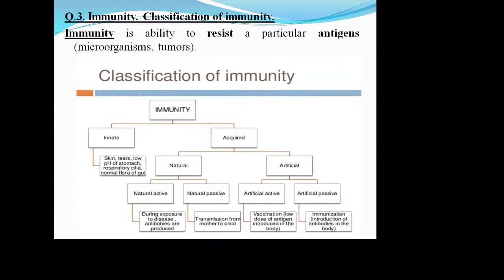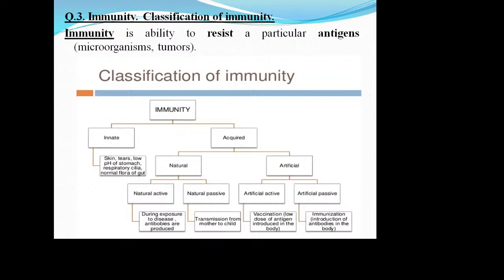And artificial passive includes immunization, when we introduce antibodies into the body. So artificial active means that the immune system starts to work when antigens enter the human organism. There is an immune response. In artificial passive, immune cells are not activated; antibodies are directly injected into the human organism, into the blood.